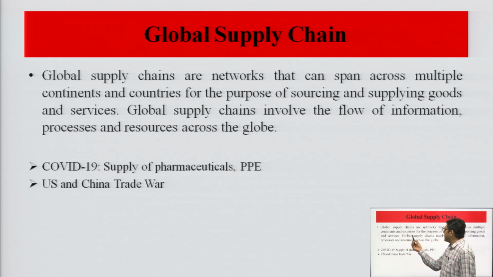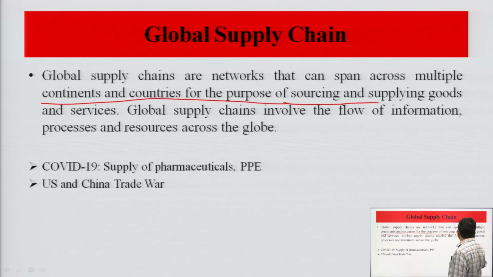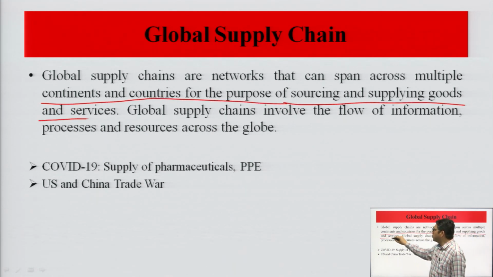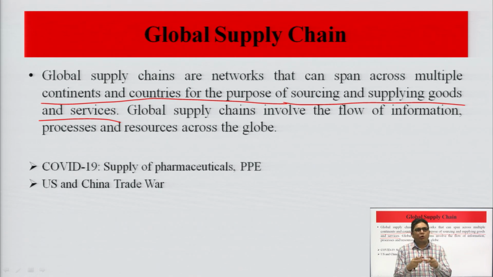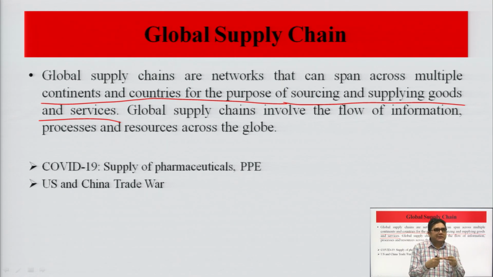So, global supply chains are networks that can span multiple continents and countries for the purpose of sourcing and supplying goods and services. A company with a global supply chain is capable of supplying its goods and services across the world.